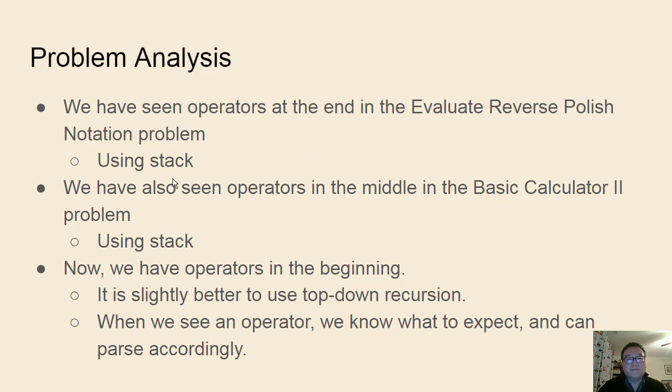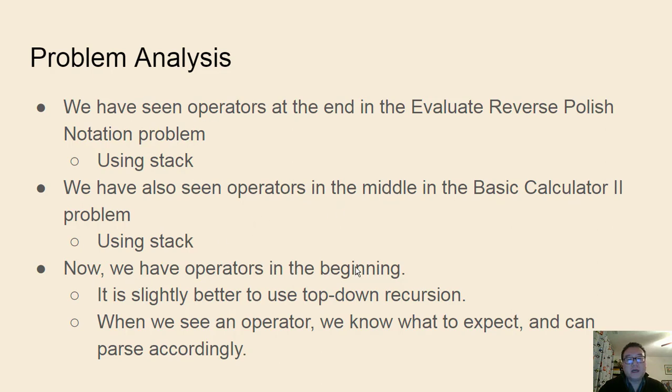So we also use a stack to store the part of things we have parsed but haven't been able to do anything with yet because of operator precedence, so we can't do addition or subtraction yet.